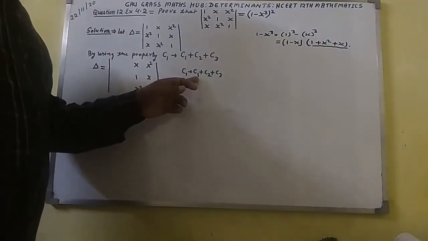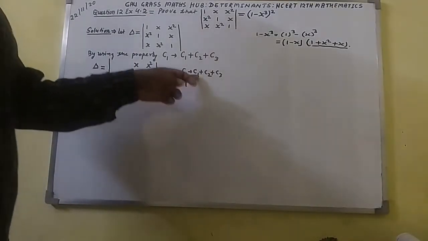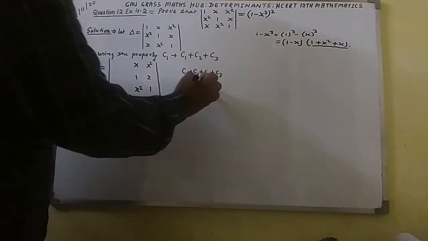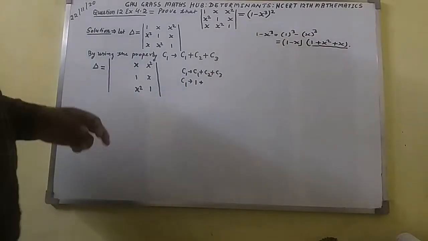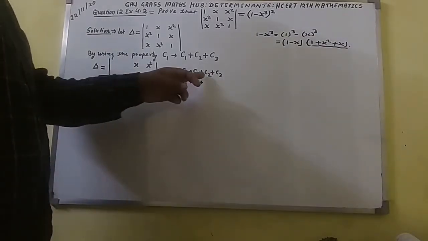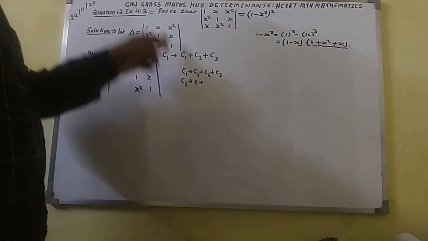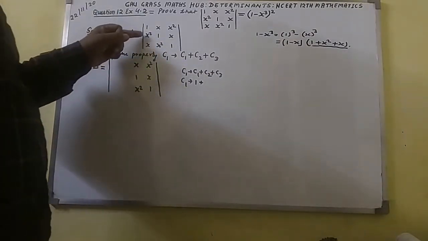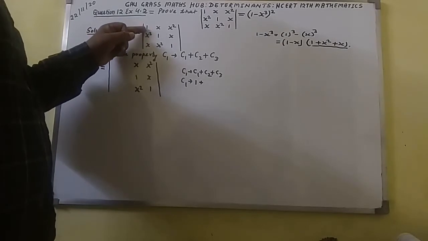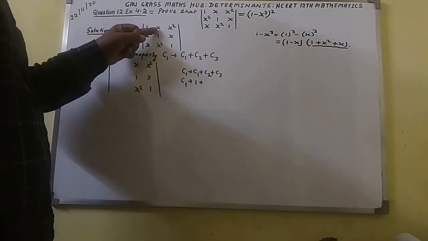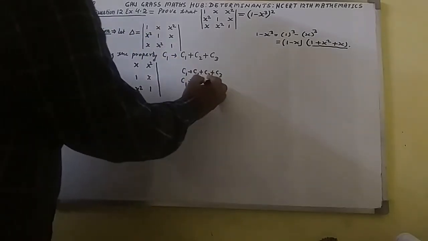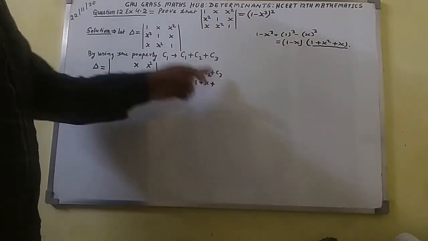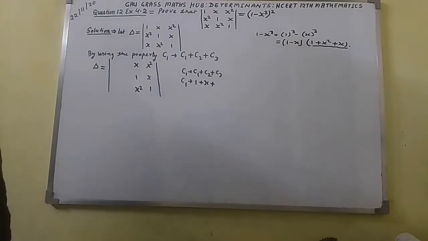If I take the element of C1 as 1, so here write 1 plus, for C2 I shall refer second column. The corresponding element of 1 in the second column is x. So here write x plus, for C3 I shall refer third column.